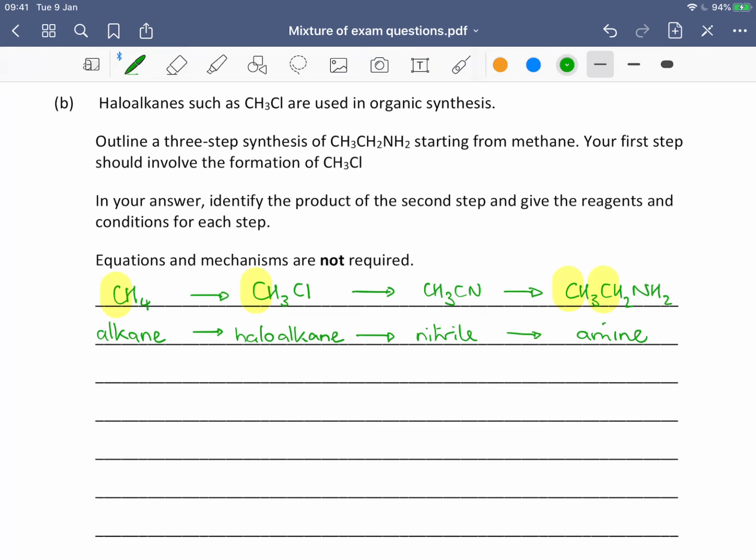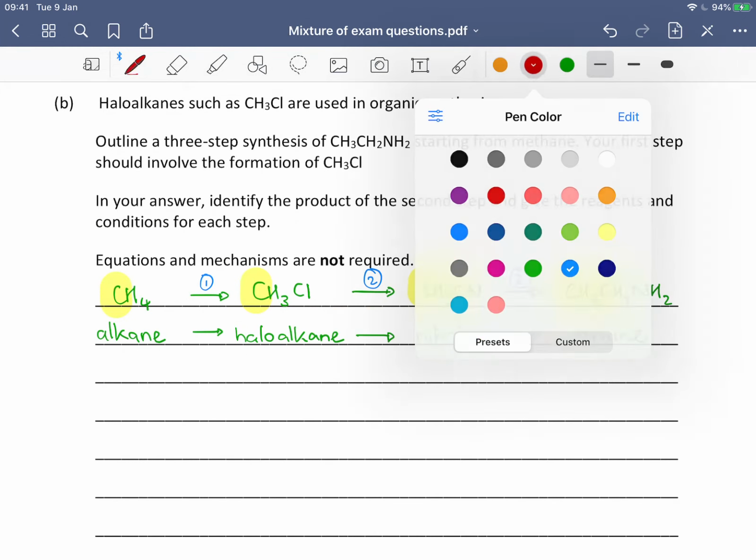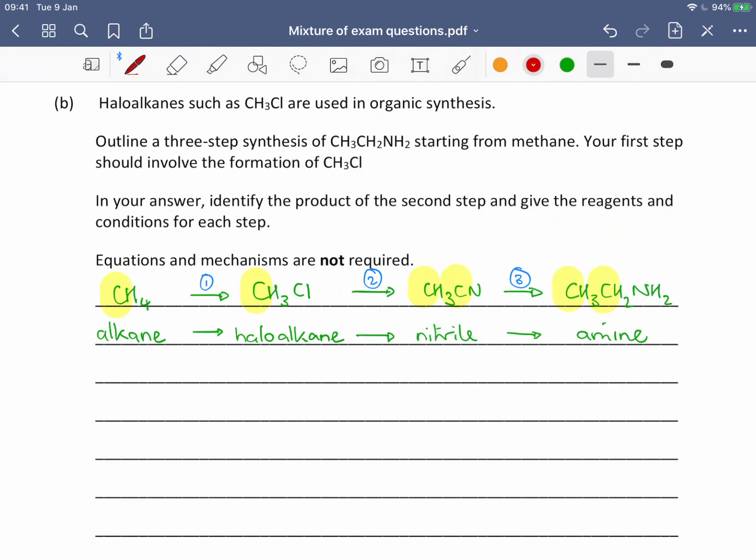And so let's just make that clear that we've now got our 2 carbons. Okay, so we have got step 1, step 2, and step 3. And by doing what we've just done, we've already identified the product of the 2nd step. Of course, we haven't written that out formally yet.